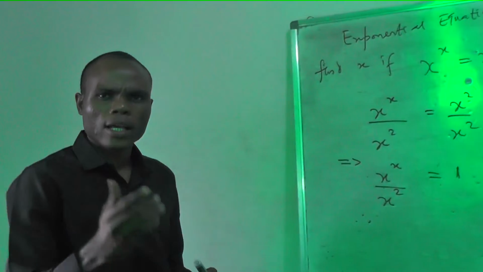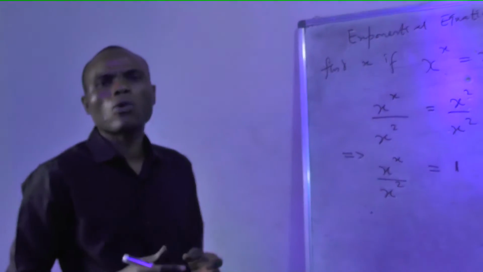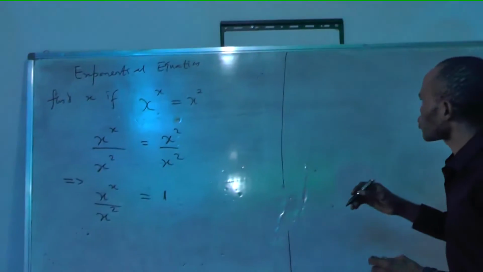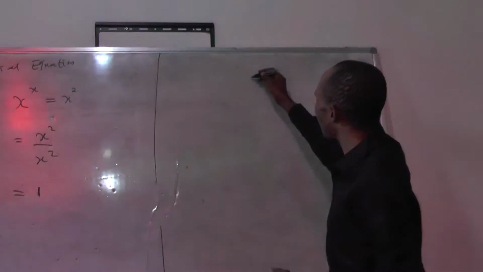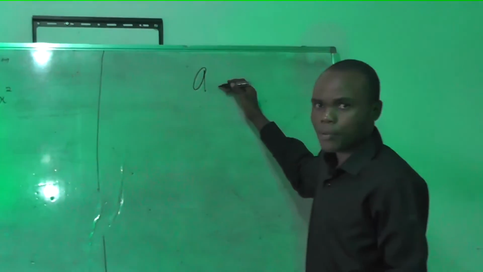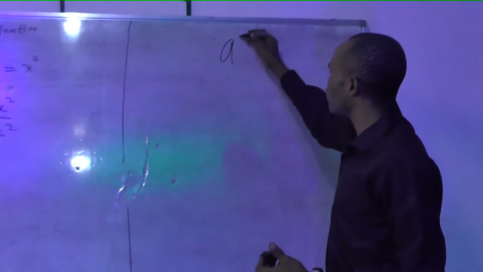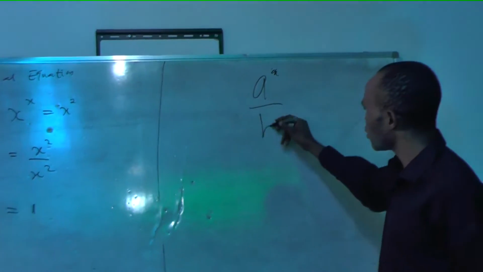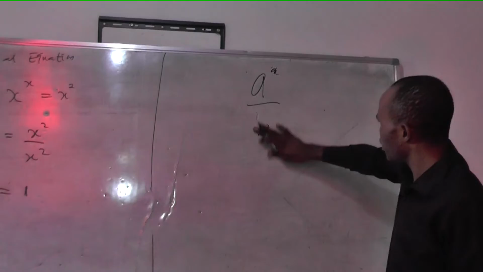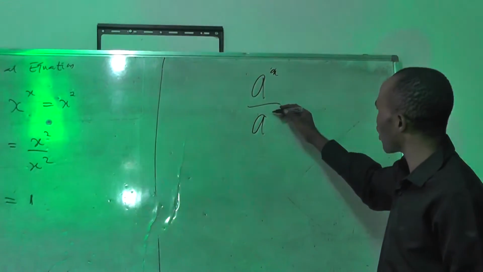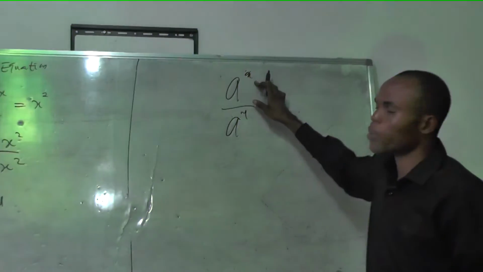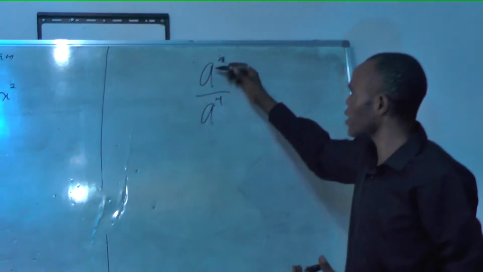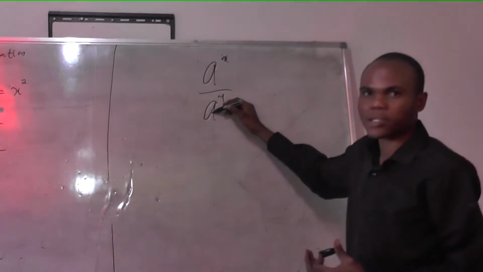Let's quickly go back to one of our laws of indices, which I'm very sure you are familiar with. If I have a to the power of x divided by a to the power of y, you will see that the bases are the same.